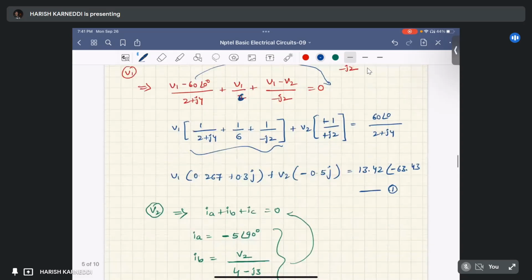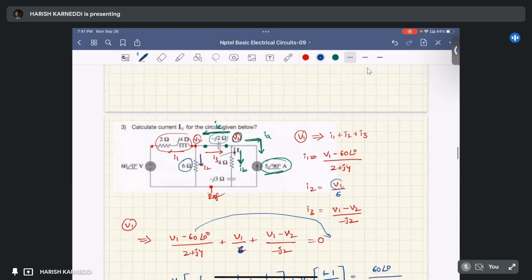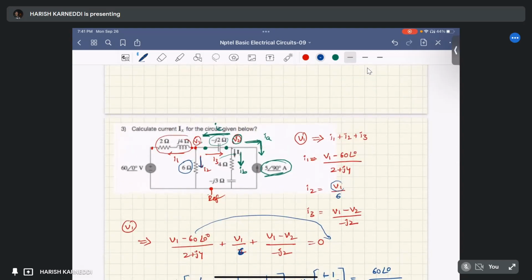Here we just calculated the voltages of this particular node V1 and V2. Why? Because we want to find out the current through this branch. So first we calculated the node voltages, and from these node voltages we found out this Ix. Why?